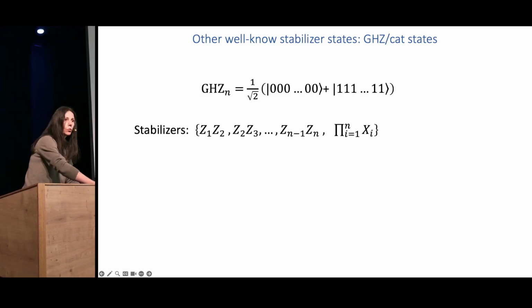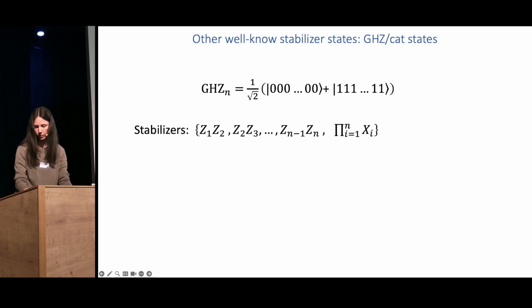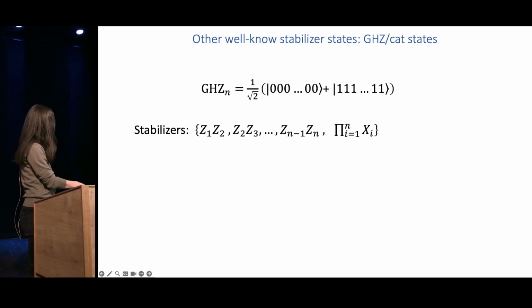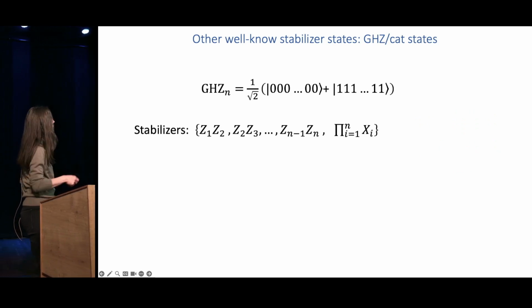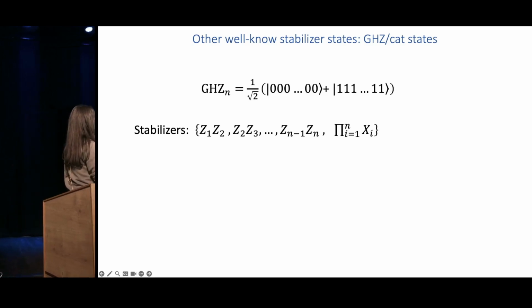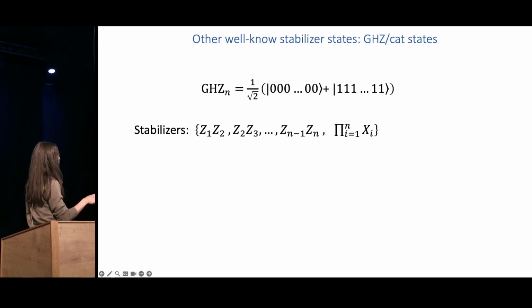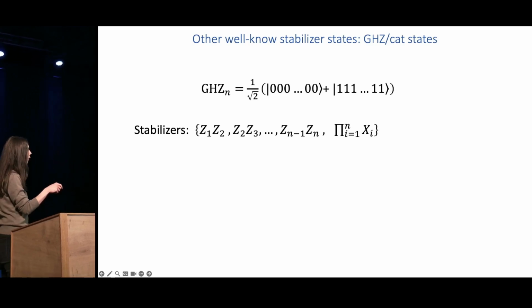Z2 is going to square to identity, right? Yeah, this kind of works. Okay, so you can easily check that Z_(n-1) Z_n is a stabilizer of the state.